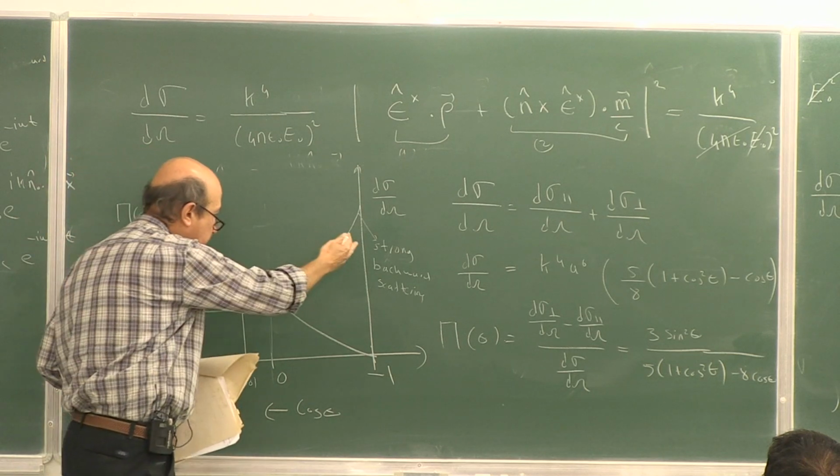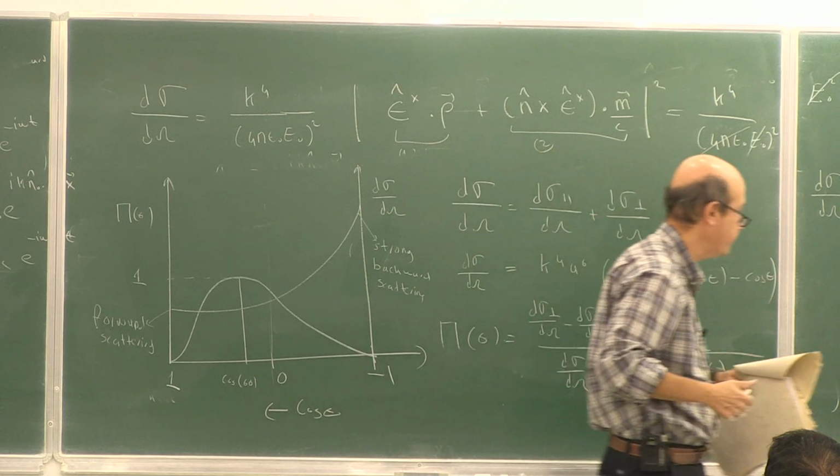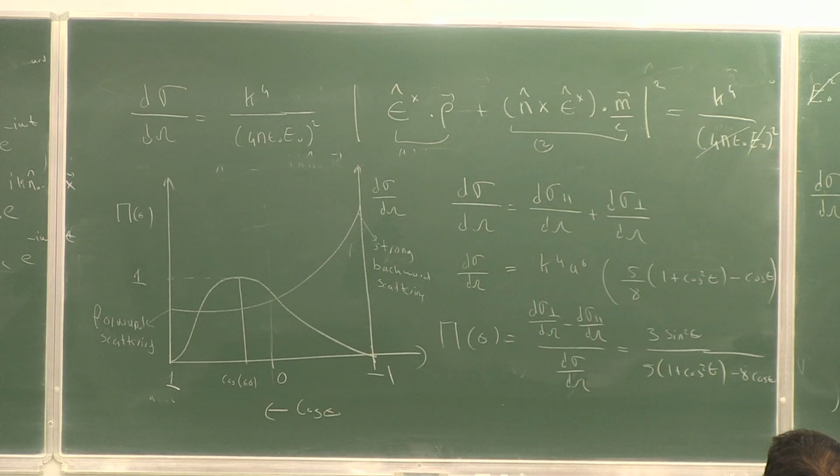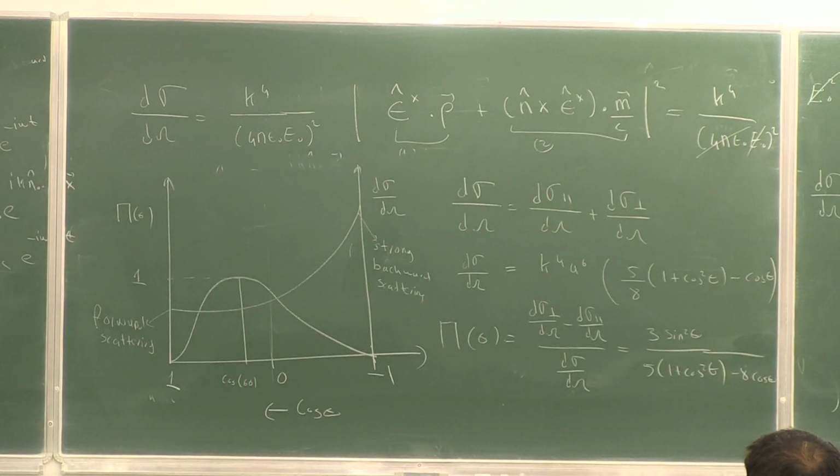You will have a strong backward scattering but less forward scattering. And if you integrate over all solid angles, you will get a similar order of magnitude as you obtained from the dielectric sphere.